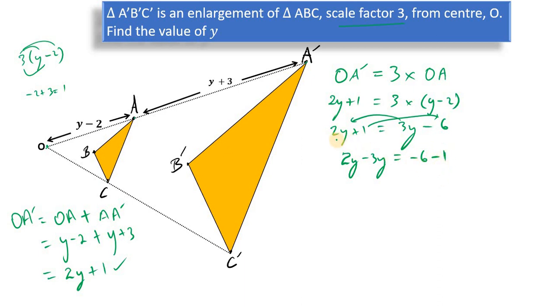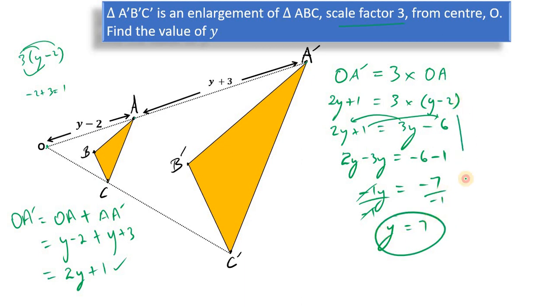So technically what we did was subtract 3y from both sides, leaving us with 2y minus 3y on this side, and then subtract 1 from both sides, leaving us with negative 6 minus 1 on this side. Simplifying this further, we get negative 1y equals negative 7. Of course, we have a negative 1 multiplying y, so to get rid of it, we divide. This will give us positive y equals positive 7.